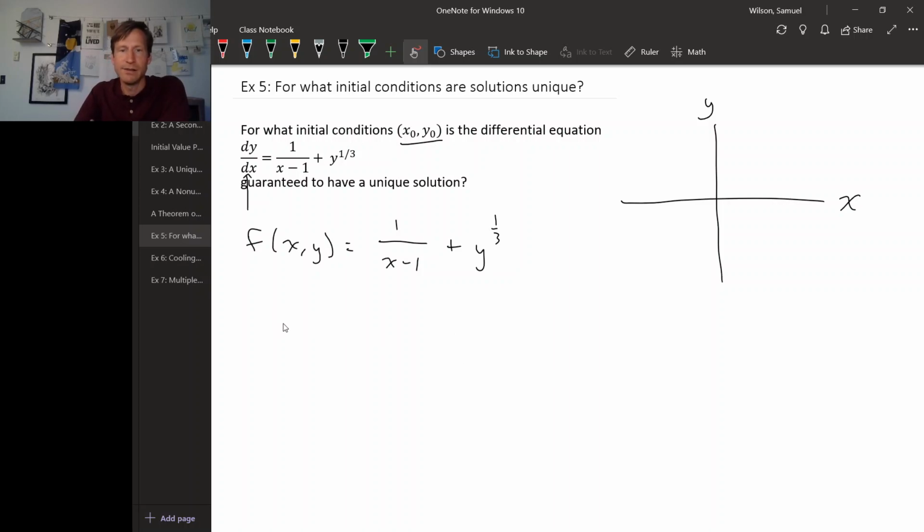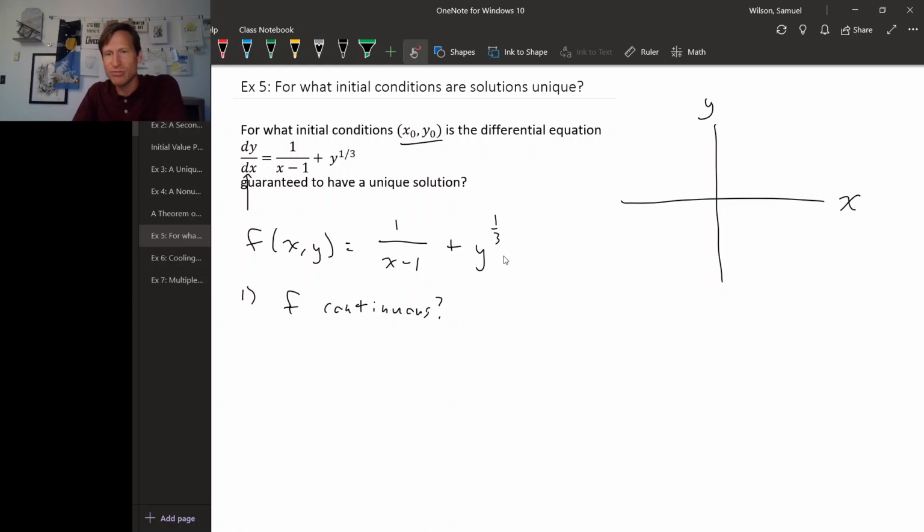Okay, and for part 1 of our existence and uniqueness theorem, we need to know where this is continuous. So what could go wrong with this formula, the formula for this function?